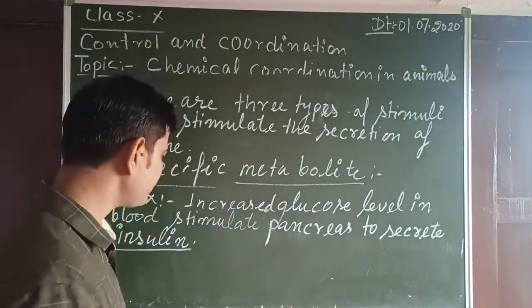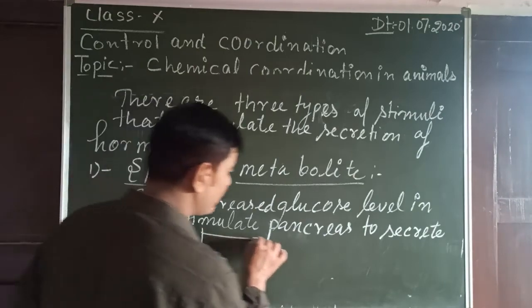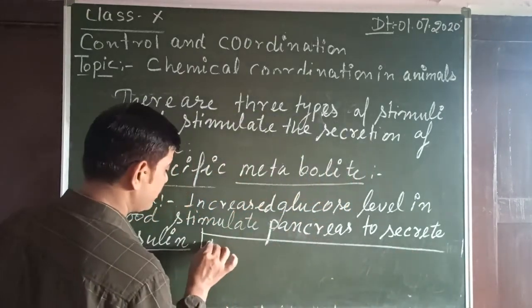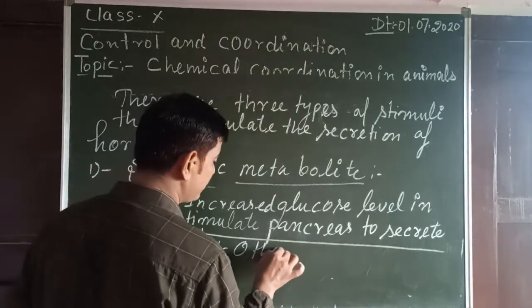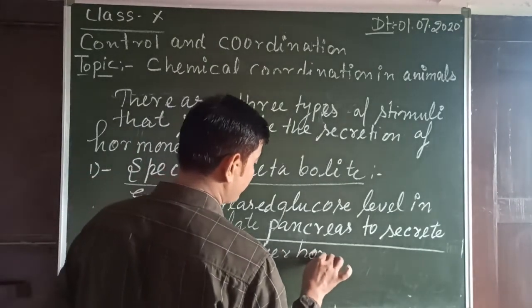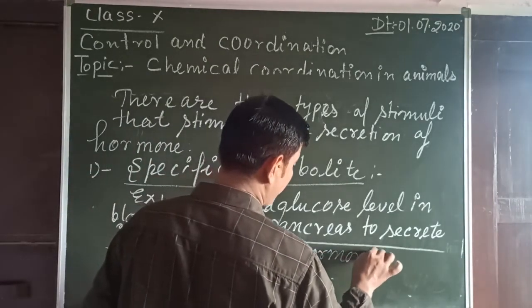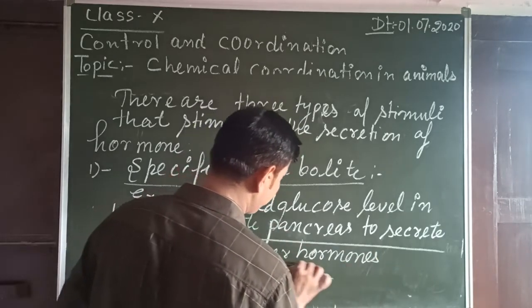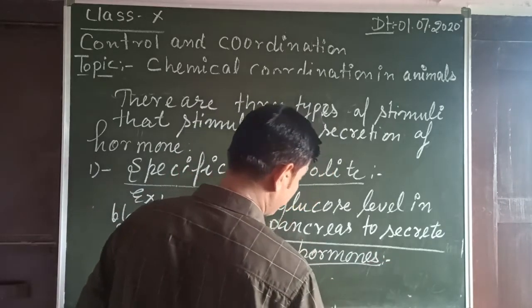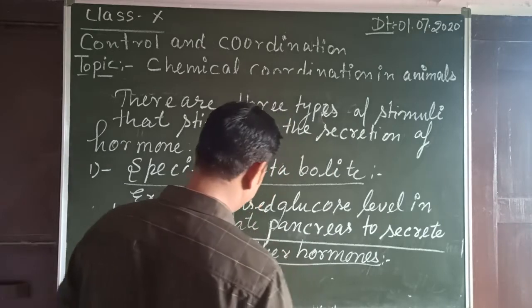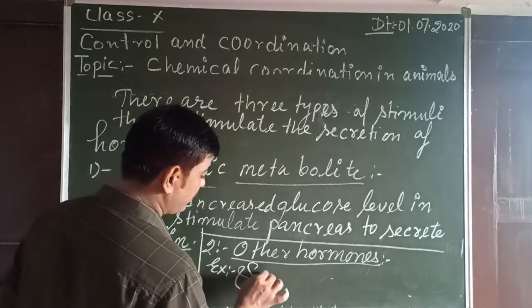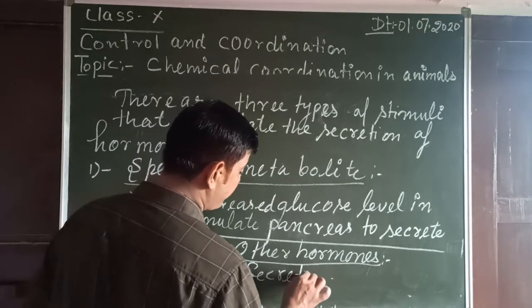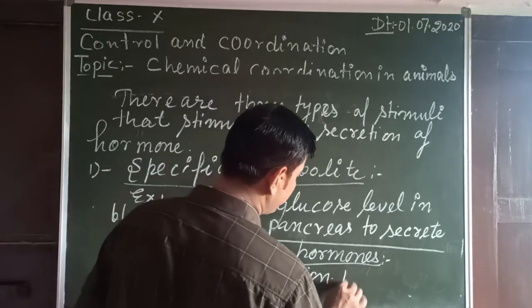Second stimulus is other hormones. Okay, other hormones. You can take an example here. Secretion of pituitary gland.